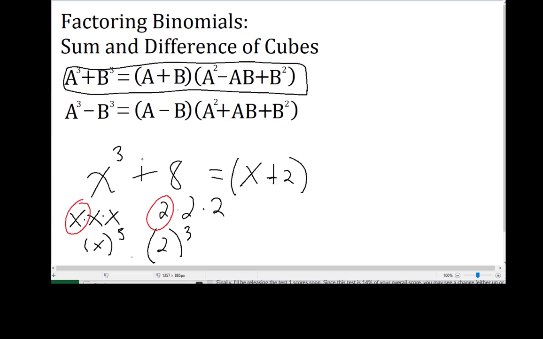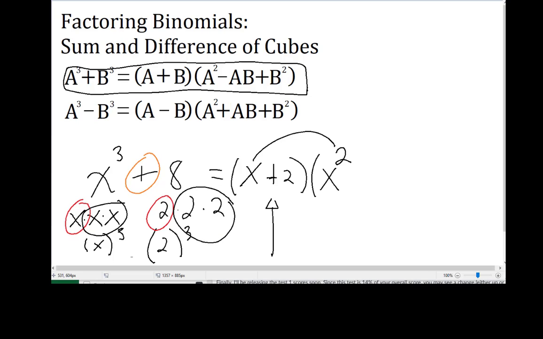So the sign in this problem is a plus. That's why the sign in my binomial right here is a plus. Then I take what's left over, which will be x squared, and that x and that x squared is going to give me x cubed. And then I take what's left over in the back, 2 times 2 is 2 squared, or 4. I'll put that in the back, and that's what's going to give me the 8.